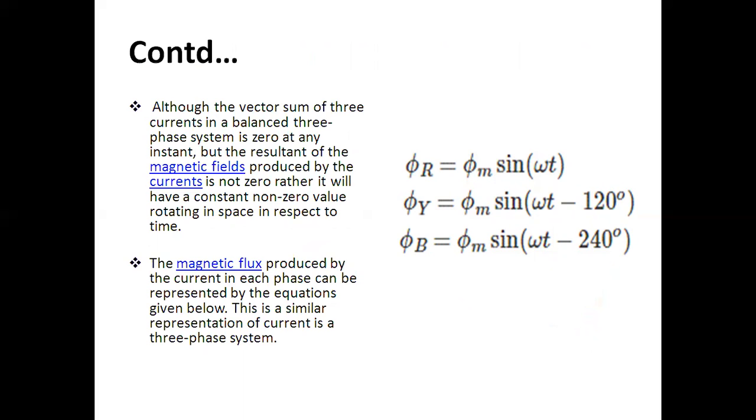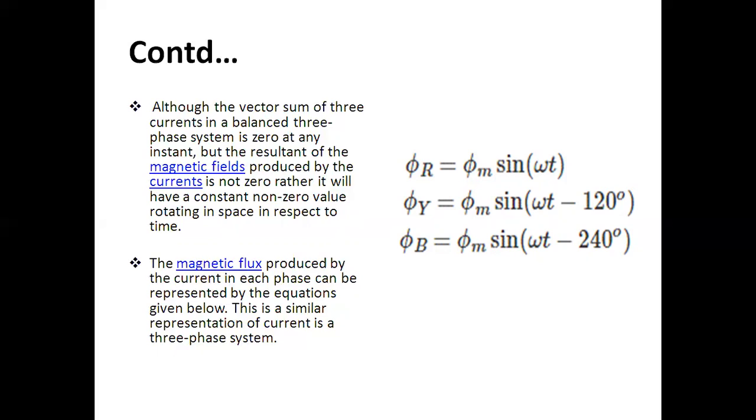But the resultant of the magnetic fields produced by the currents is not zero. Rather, it has a constant non-zero value rotating in space with respect to time.